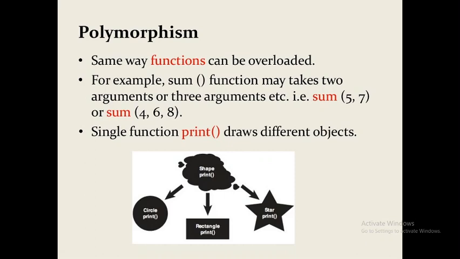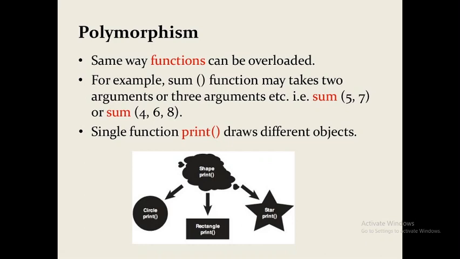Now the question which arises is what is the use of polymorphism, or how we are going to achieve polymorphism in programming. Polymorphism allows us, if you are writing a very bulky or tedious application which has hundreds of functions, you have to write a different function for each operation.